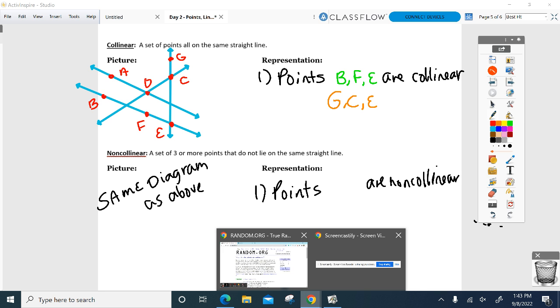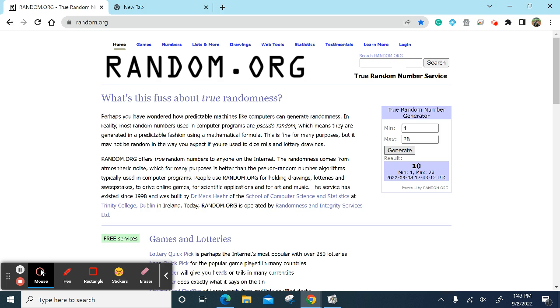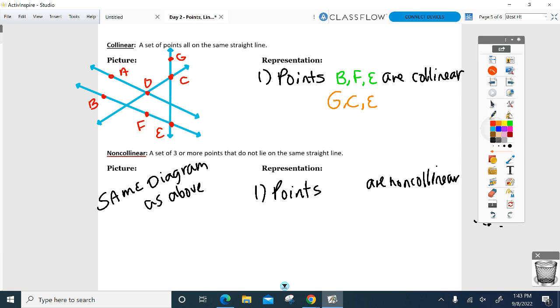Here we go. 10. Three points, not on the same line, non-collinear. B, D, G. Okay.